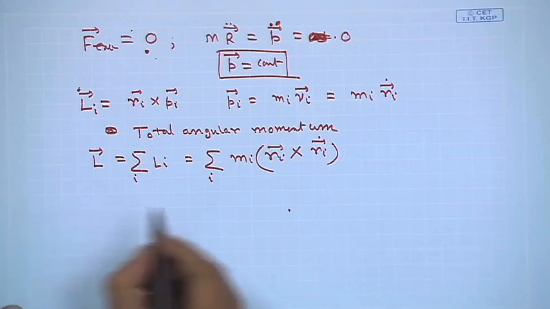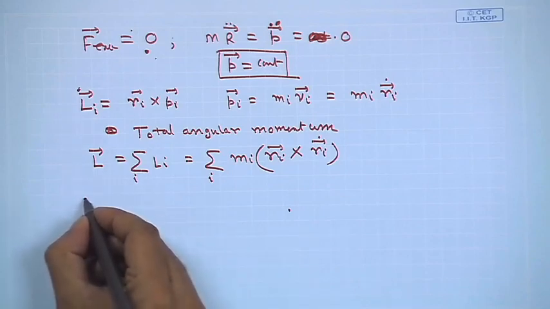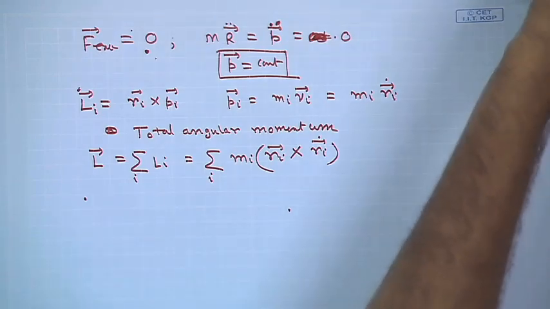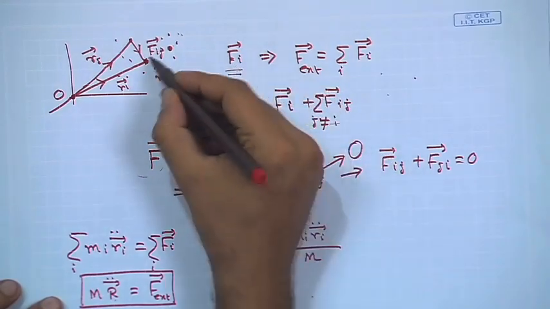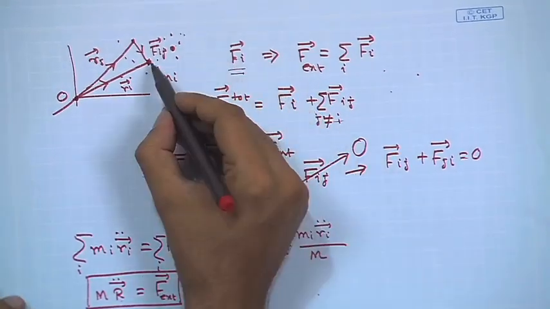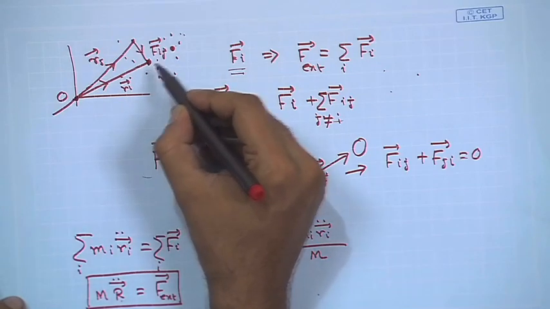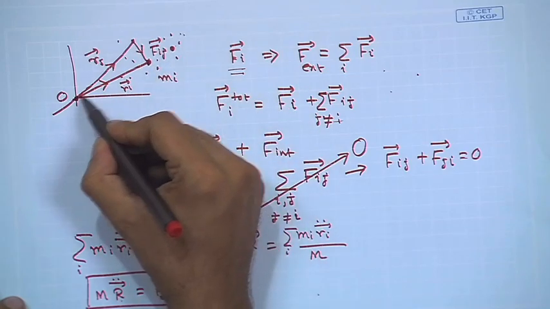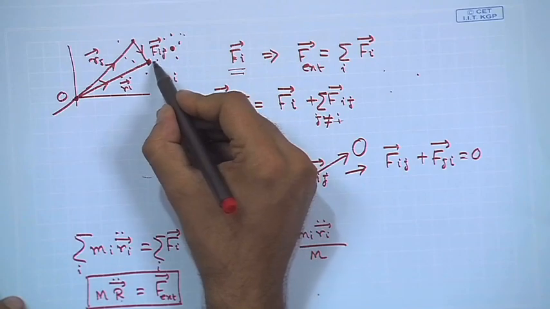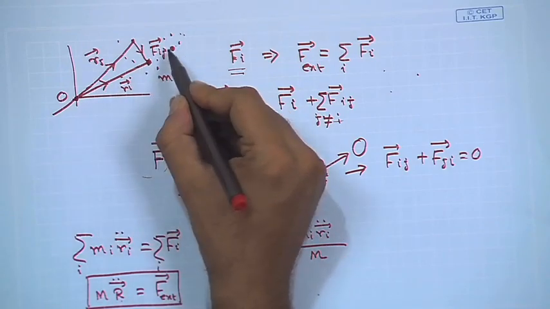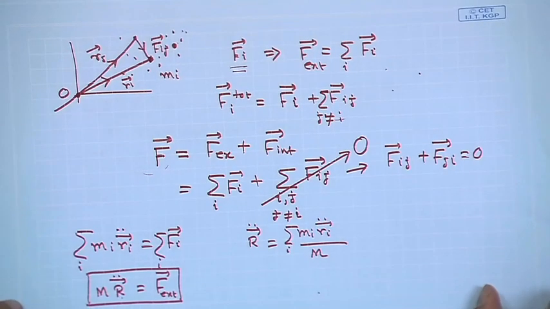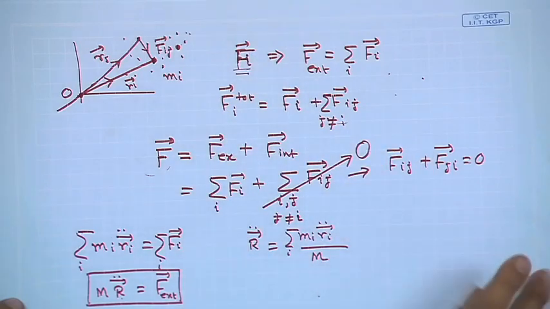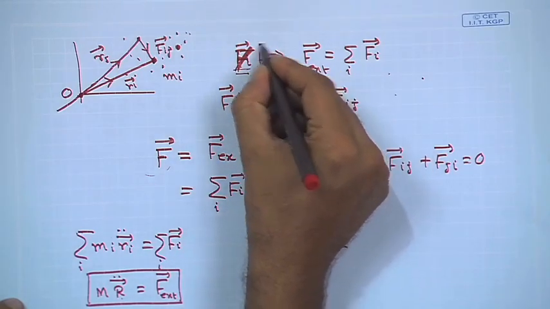Now, let us try to define a quantity. Let us say the force F_i acts on the ith particle. Unless the force is in the same line as the radius vector, or unless the force is central in nature, that means it acts only along this radial vector itself, there is an external torque due to this external force F_i.